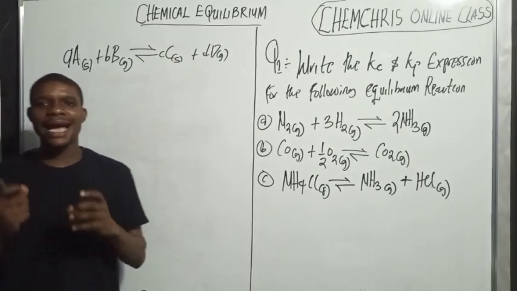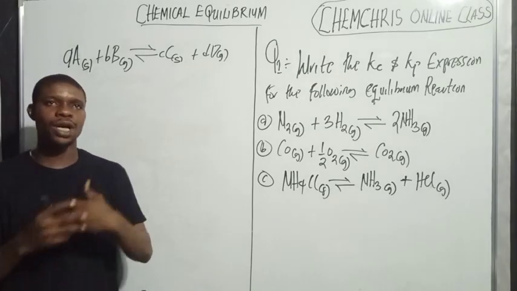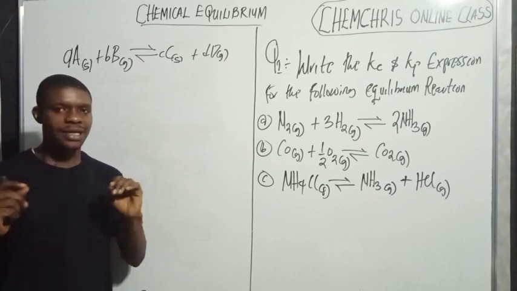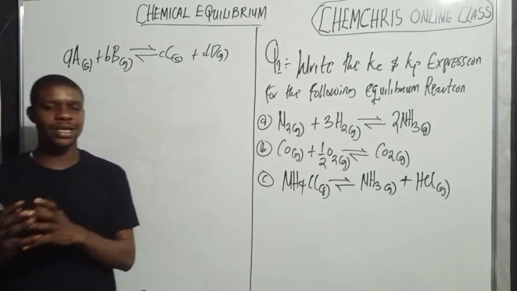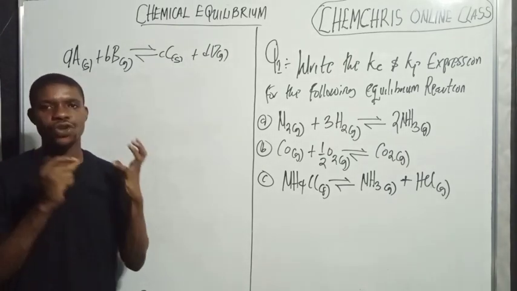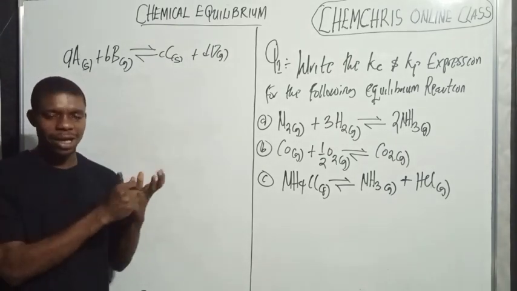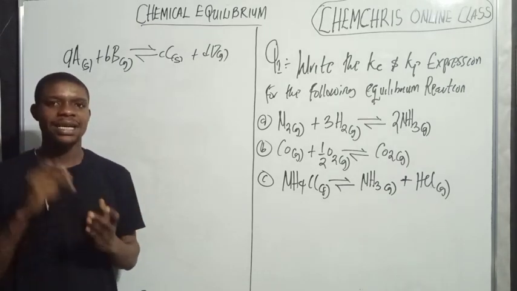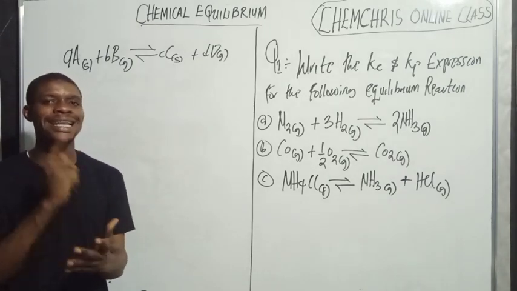Now, in writing the equilibrium constant expression, also known as the law of mass action, what you want to put in your mind is that the concentration of solid and liquid are always constant. You get that? Because it is always constant, it is always regarded as one.